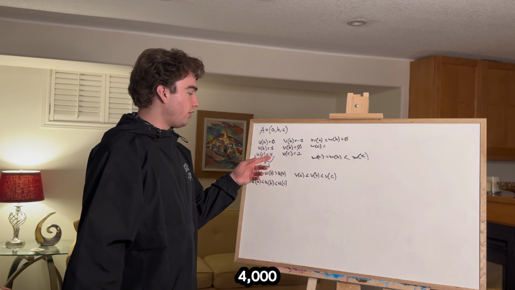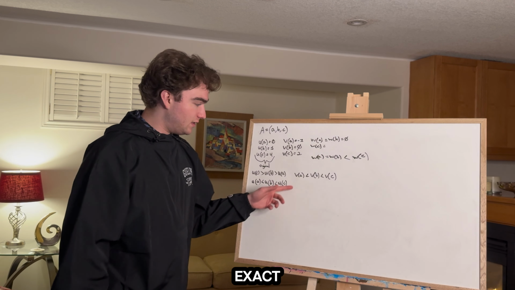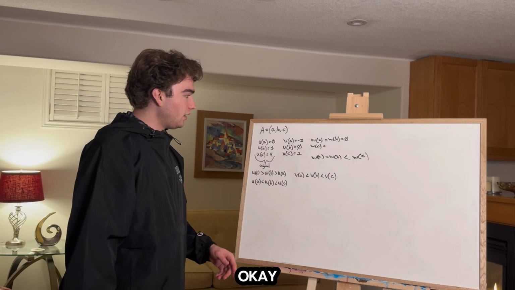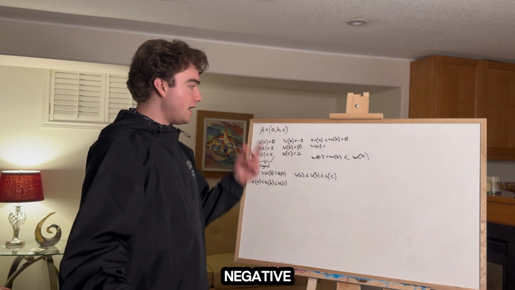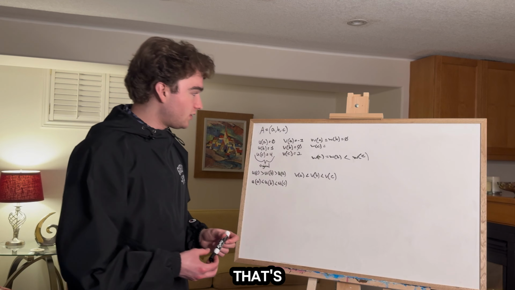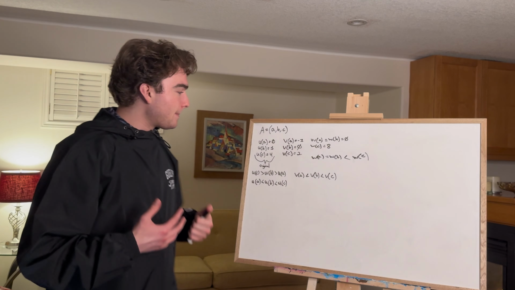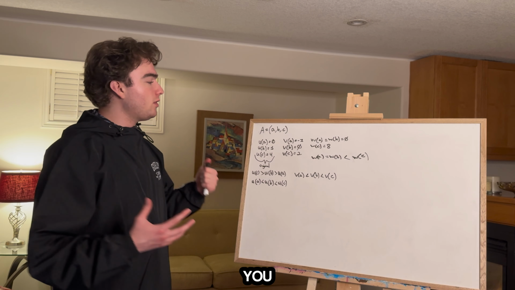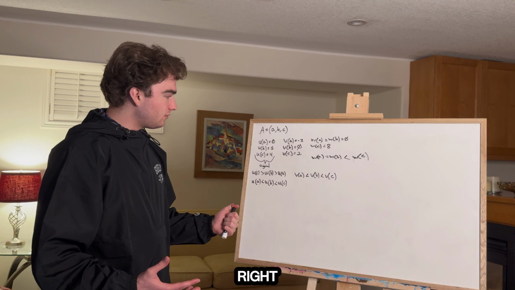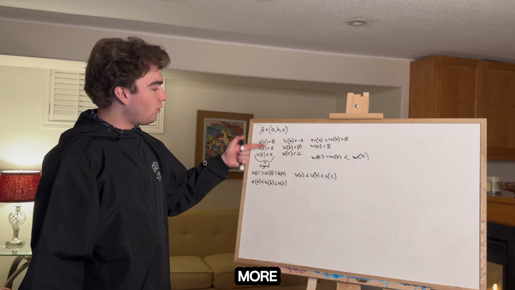Like, this could be 4,000, and these two stories would have been the exact same, okay? This could have been negative a billion, you know? Obviously, that's stupid. That's just a really big number for no reason. But I hope you get what I mean, right? This story matters way more than the numbers.